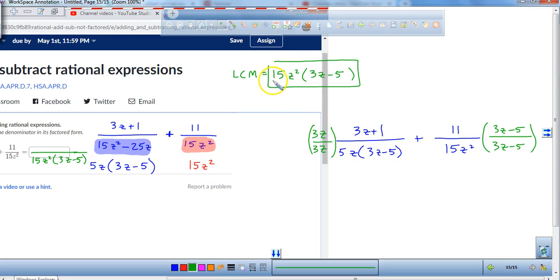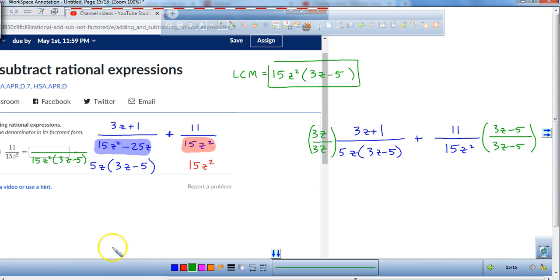All right, here's our least common multiple, which is 15z squared. If I multiply 3z times 5z, that gives me the 15z squared. Here I already have the 15z squared. I just needed the 3z minus 5, so I can clearly say I have 3z minus 5.